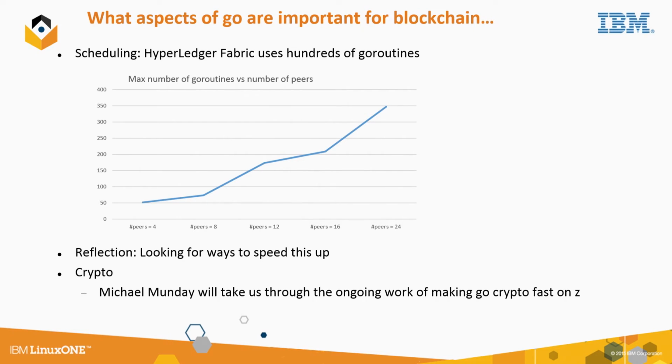Now, I did want to talk about things that are important to us in the Z port. As I mentioned, Hyperledger is really important right now, and we've studied it a lot. One of the things that Hyperledger uses a lot of is Go routines. When you have a blockchain, every blockchain has a number of peers that communicate, and the number may vary from 2 to potentially hundreds.